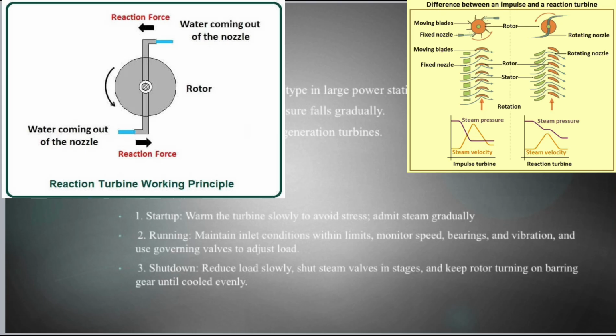It runs smoothly because pressure falls gradually. So the reaction turbine runs more smoothly than the impulse turbine because pressure falls gradually.